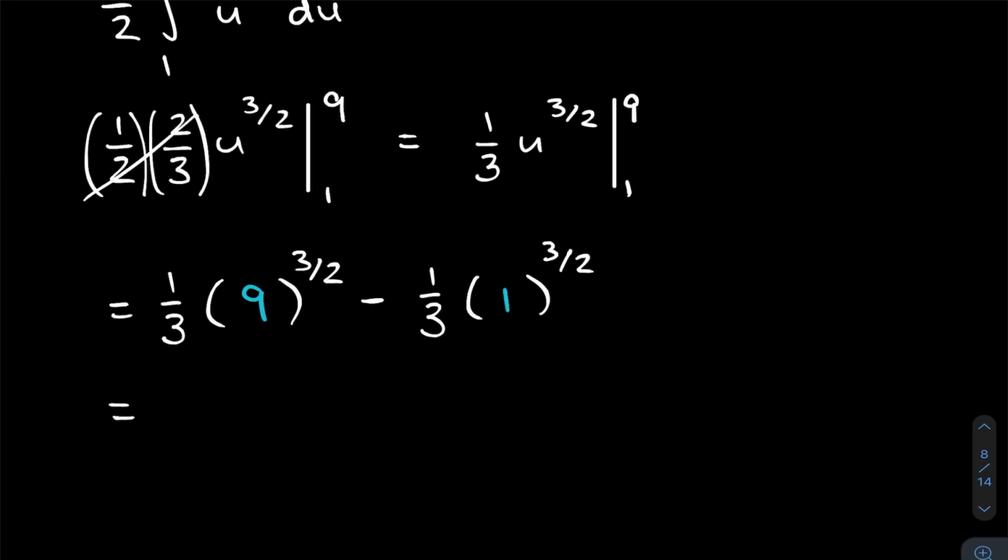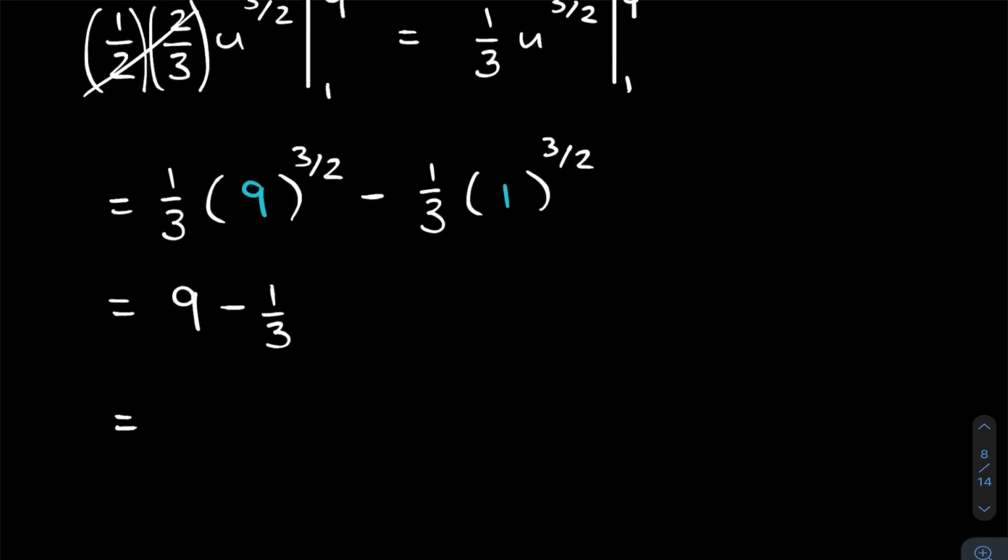And that's 27. So this guy right here is 27. This guy's dividing it by 3, so this becomes 9. And we know that 1 to the any power is going to be 1, so this is just a 1/3. And so find common denominators here. This would be 27 over 3, so you get 26 over 3.